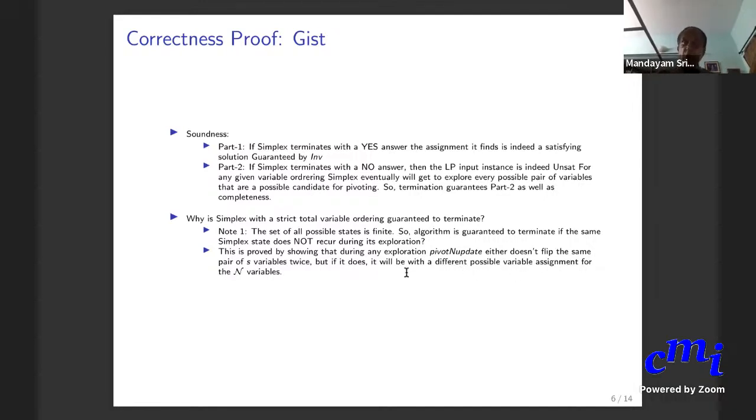And therefore, the formal proof shows that even if the pivoting brings back the same pivoting points, it will happen only with a different possible variable assignment. And that is how it is shown.